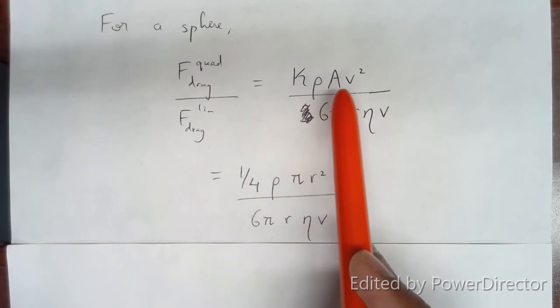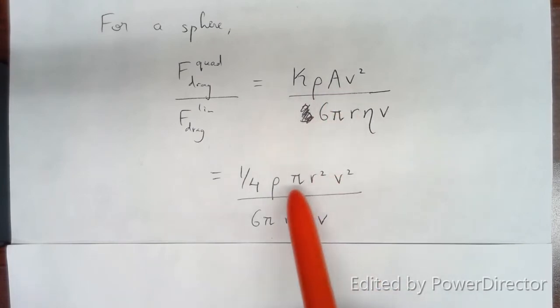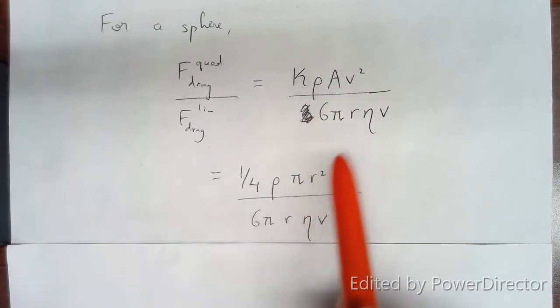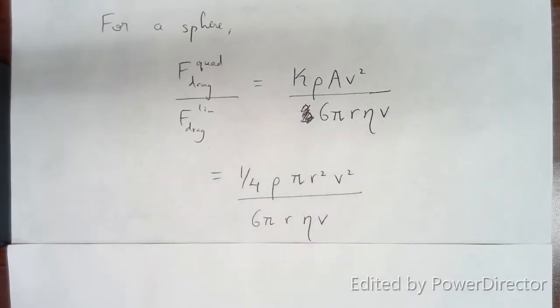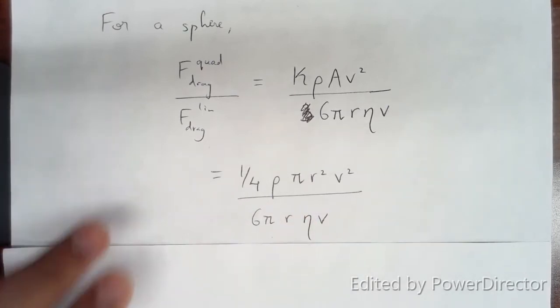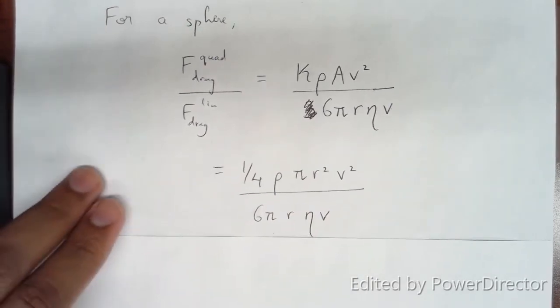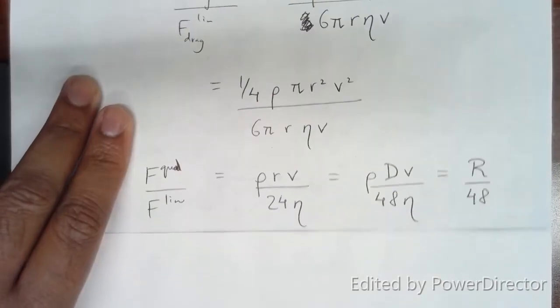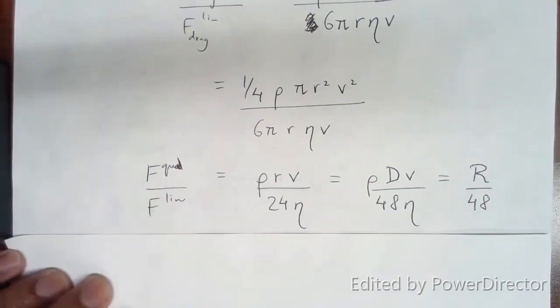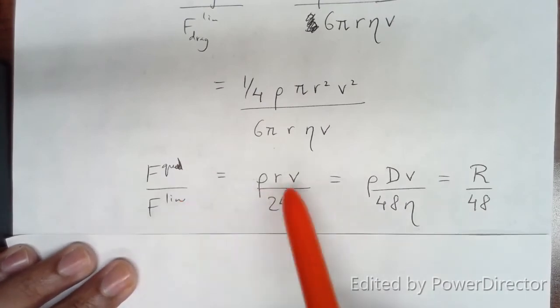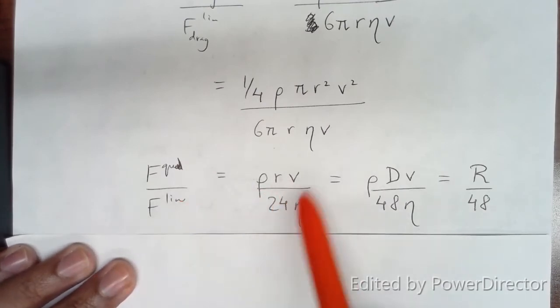Remember, A here is the area of cross-section, not the total surface area, so we just have pi r squared. The denominator stays the same, 6 pi r eta v. Eta, remember, is the coefficient of viscosity. We cancel out some terms and we find that F quad over F linear is rho r v over 24 eta.